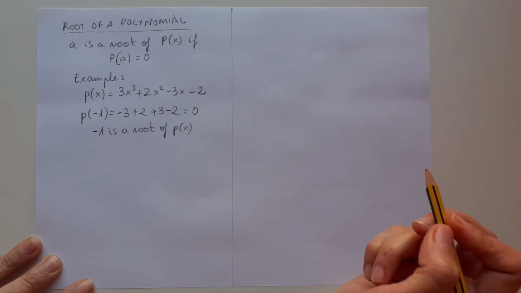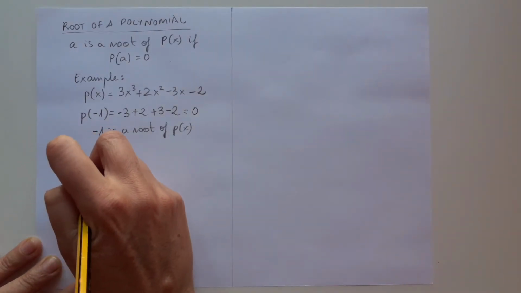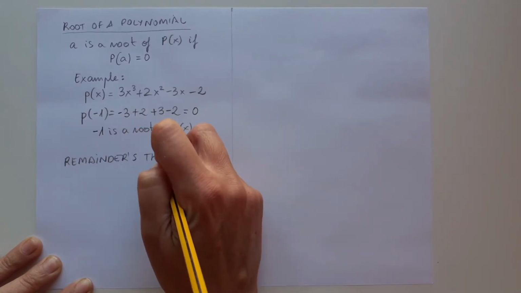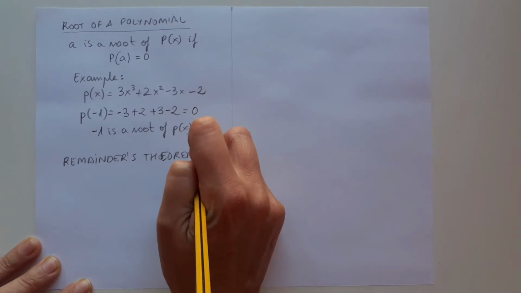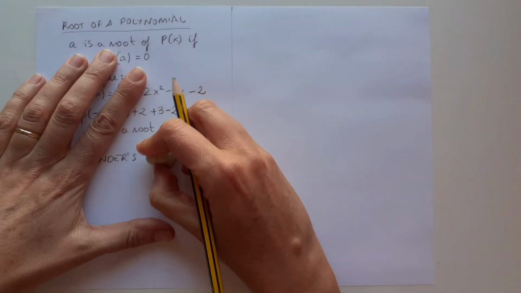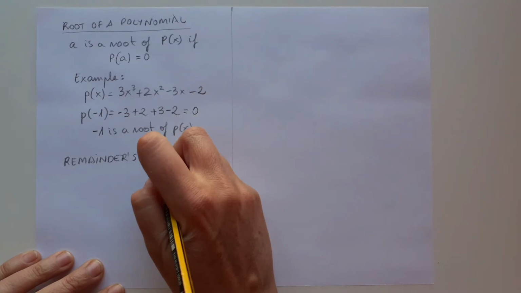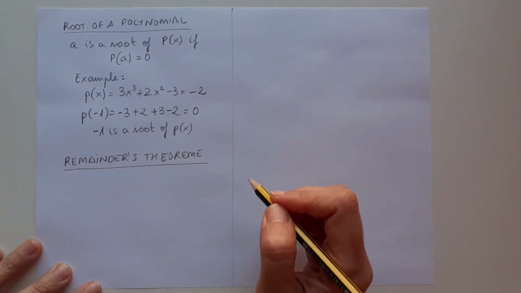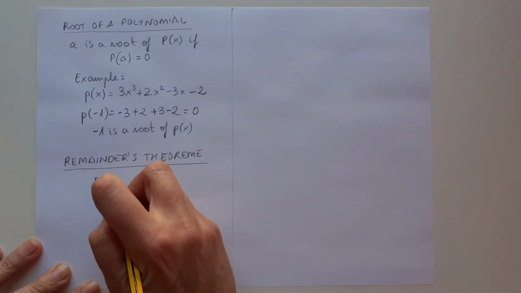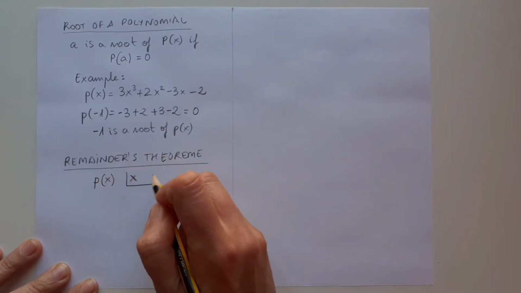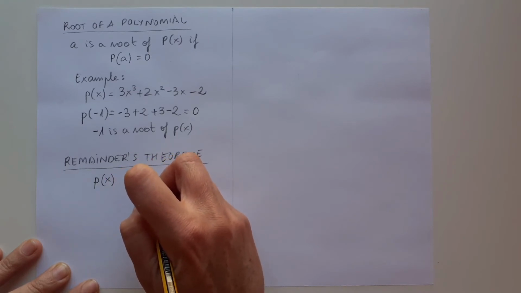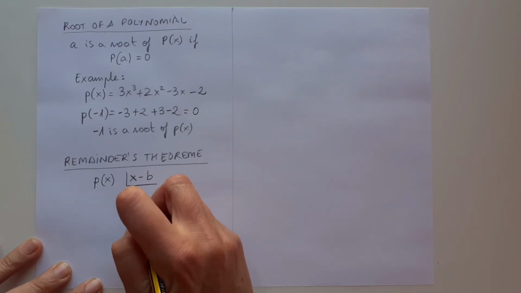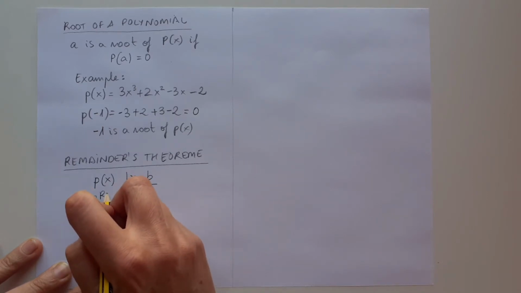All right, let's go on. Now we are going to talk about the remainder theorem. The remainder theorem says that if we divide a polynomial by x, the variable, minus a number, let's call the number b, we would obtain a quotient and we would obtain a remainder.